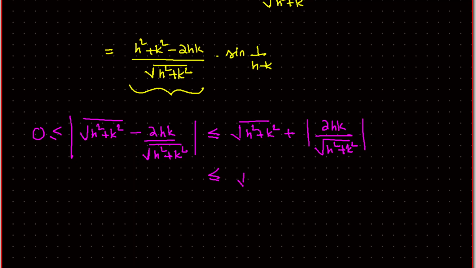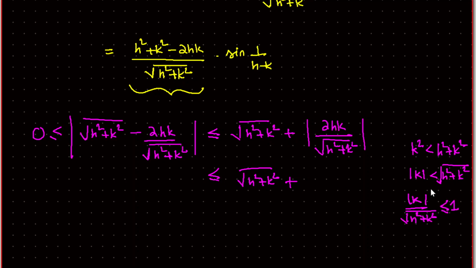Now observe that k square is less than h square plus k square, so mod k will be less than the under root of h square plus k square. That implies that mod k by under root h square plus k square is less than or equal to 1, right?